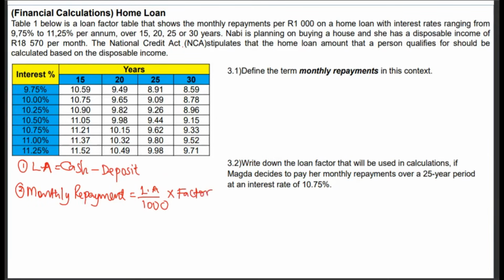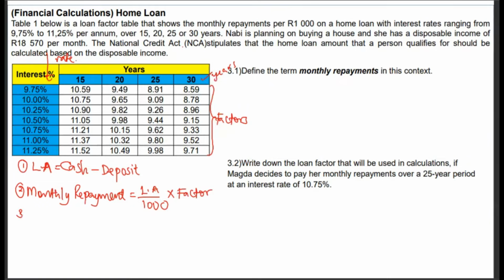For this case here, we have the factors. These are the number of years the loan will take, and these are the interest rates. A combination of the years and the interest rate will give you the factor.